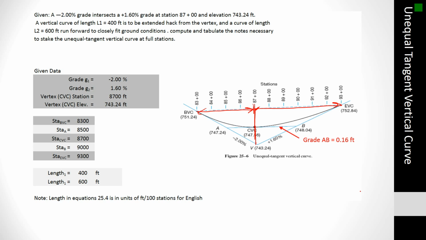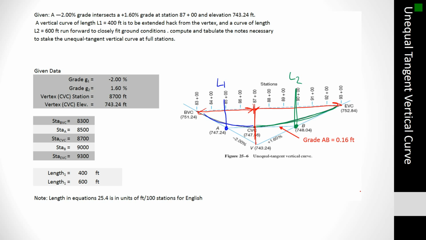Now when we do that, we're actually making two separate curves. Now we can treat these curves separately. This becomes the PVI of the curve L1, and this point here becomes the PVI, or the vertex, of L2.